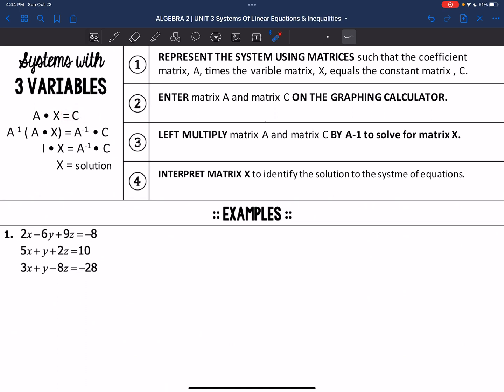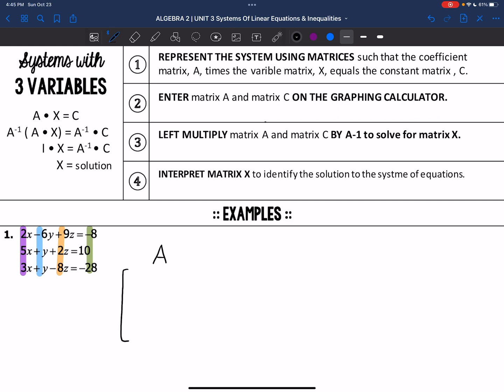So I want to go ahead and show you all that with this first matrix. Check this out. We're going to grab our little highlighter here, and I'm going to highlight these very strategically. Notice here that I have the coefficients of x, the coefficients of y, the coefficients of z, and then last of all, I have my constants. So when we set up our matrices here, we are going to begin with our A matrix, where A represents all of the coefficients.